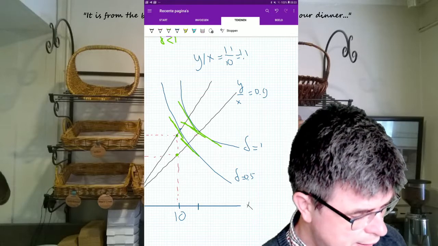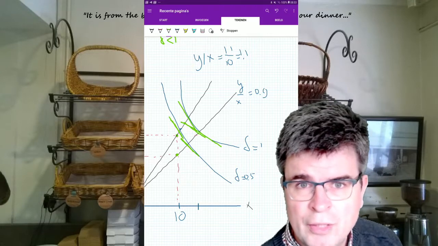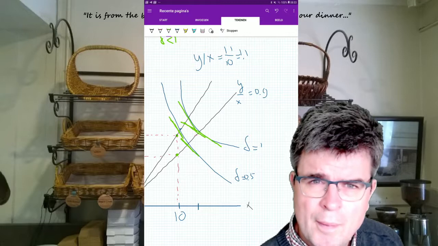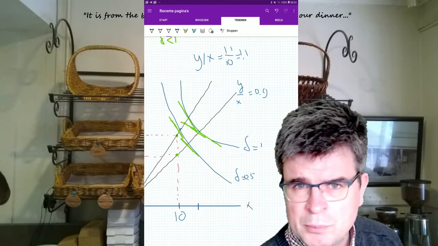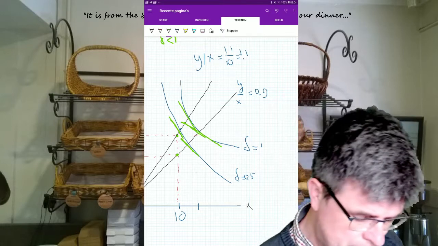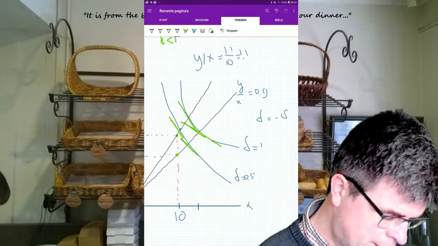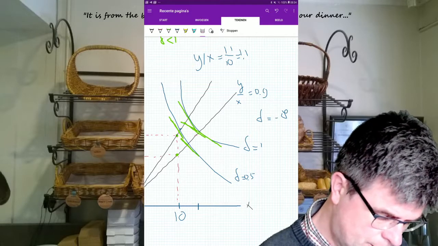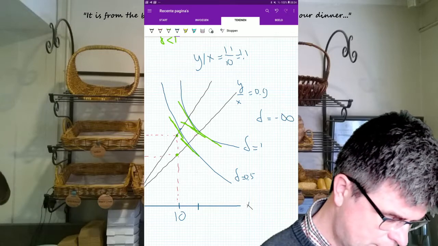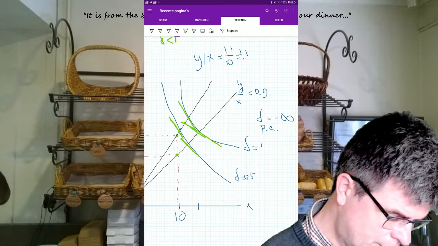So what you can see is that if we lower the value of delta, if we go from 0.5 to -1, then the goods become less of substitutes for each other. And in the extreme case, if we would take delta equal to -infinity, then we have the situation of perfect complements.